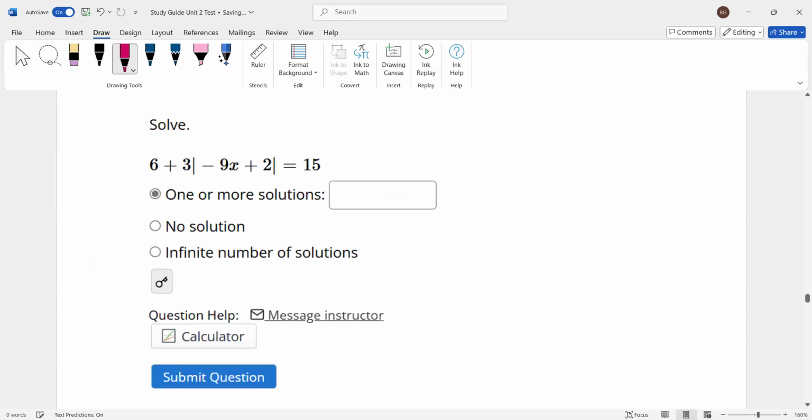Okay, number 14 is an absolute value equation, and it only has one absolute value. So the first thing we need to do is isolate this absolute value.